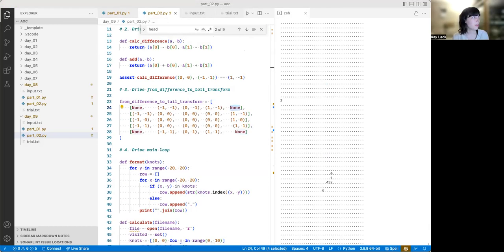At which point it should move across 1 and up 1.